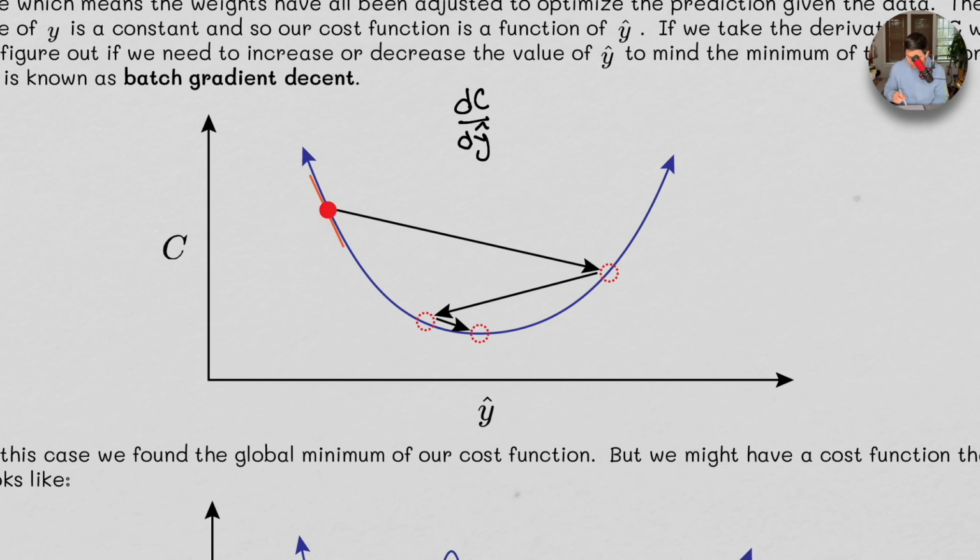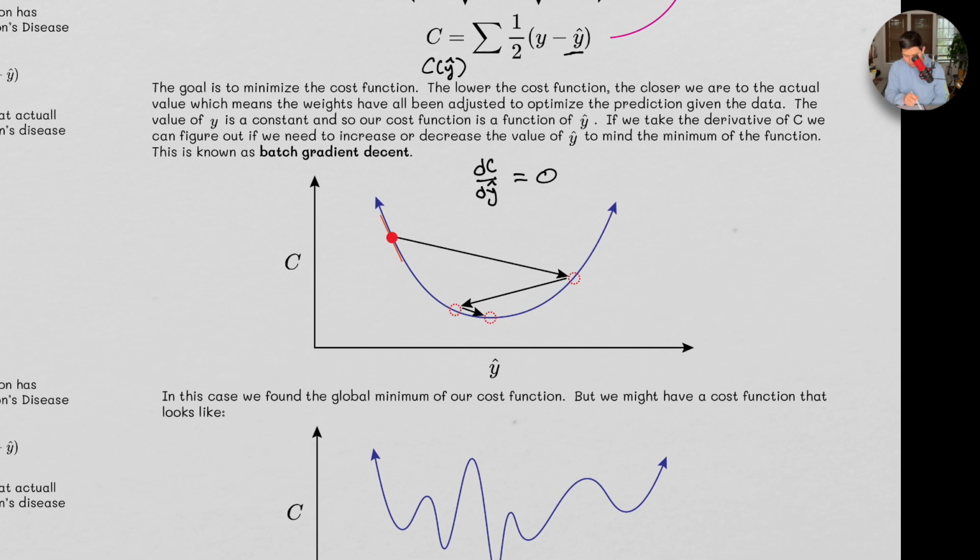We want to optimize this so that the derivative is 0, which is going to be down here, the flat line. We want to flatline this thing. This is called batch gradient descent, where we want to get as close to the value of 0 as possible for the derivative of our cost function.